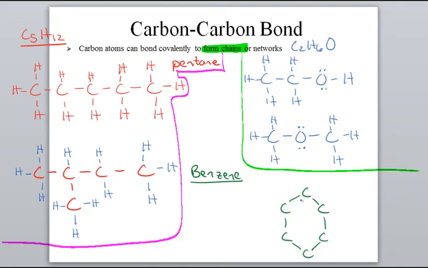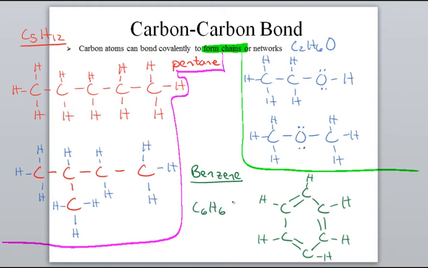Between the carbon atoms, it alternates single, double for the bonding patterns. On each carbon, if you looked at each carbon, there's 3 bonds coming off of it. To obey the octet rule, to have that common bonding pattern, each carbon needs 1 more hydrogen. And the formula for benzene is C6H6.